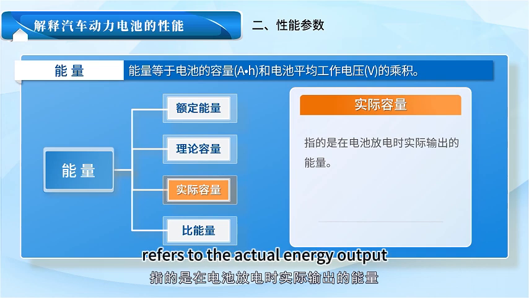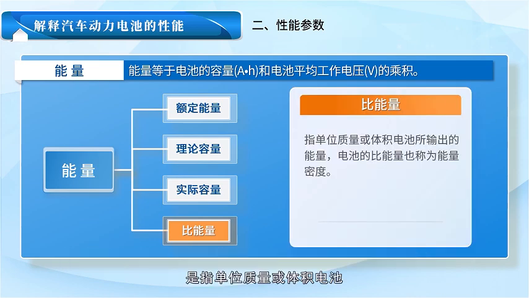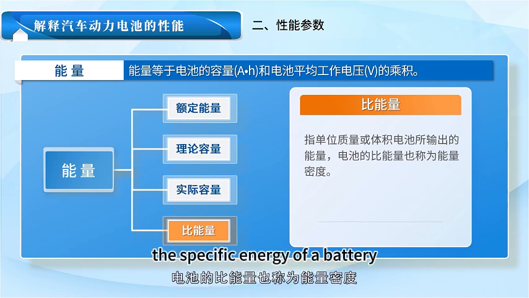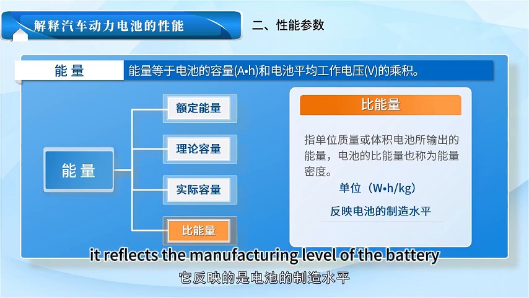The actual energy refers to the actual energy output during battery discharge. Specific energy refers to the energy output per unit mass. The specific energy of a battery is also called energy density. It is measured in kilowatt-hours per kilogram. It reflects the manufacturing level of the battery.